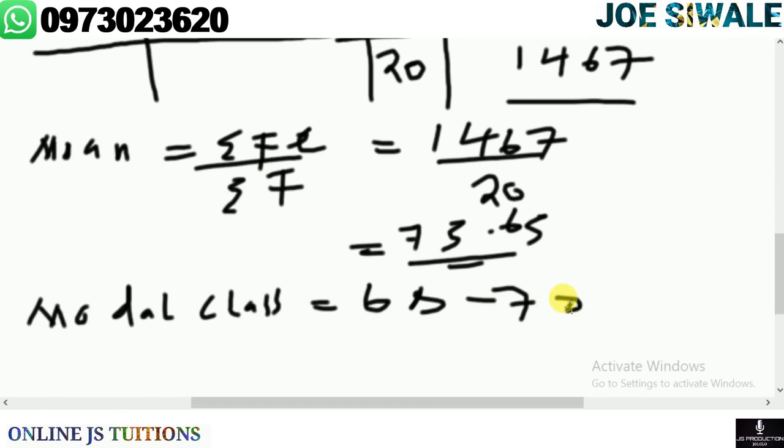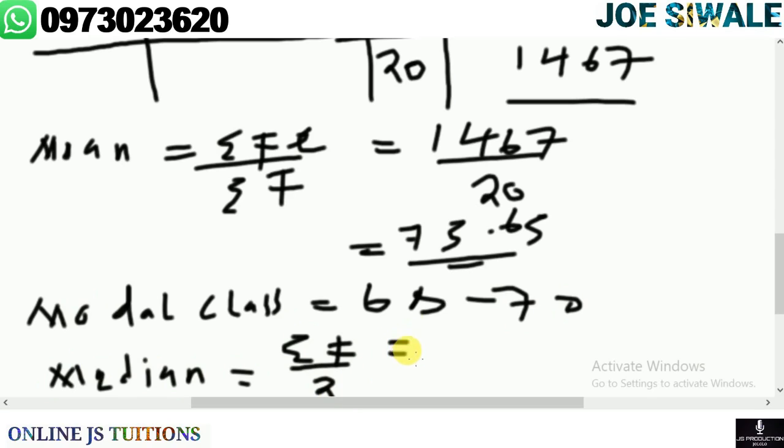Then let us find the median. For the median, we say the summation of f divided by 2, and we know that our summation there is 20.